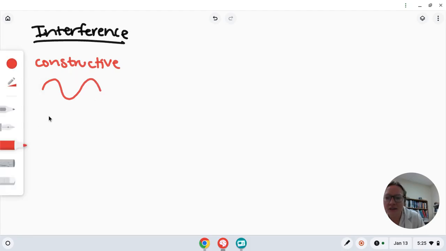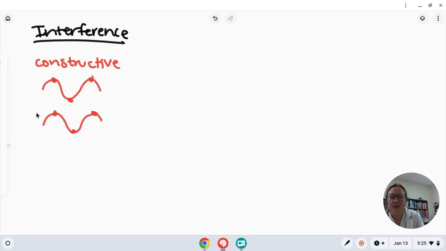Constructive interference happens when two waves are at the same place at the same time, and they have their crests lined up with each other's crests, their troughs lined up with each other's troughs, and center points lined up with center points. Everything is lined up.